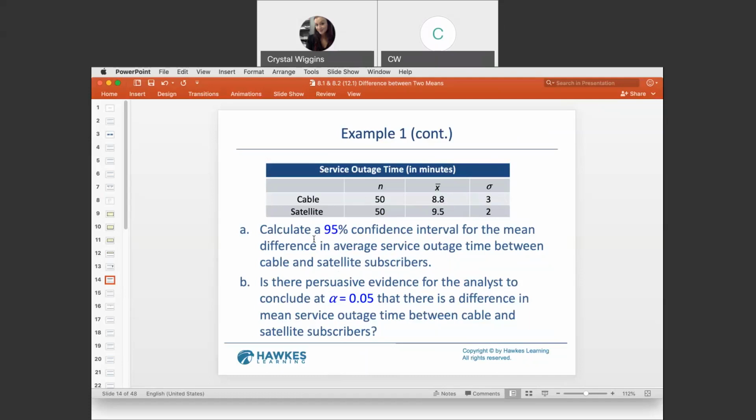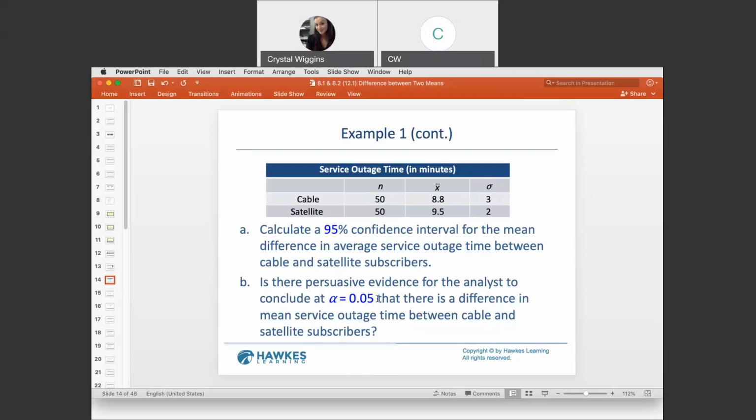The first thing that we want to do is calculate a 95% confidence interval for the population mean. Recall, since we haven't talked about confidence intervals in a bit, that we are creating confidence intervals to give ourselves our best guess, with some sort of confidence, of what we would expect the mean population outage times to be for each one of these particular populations.